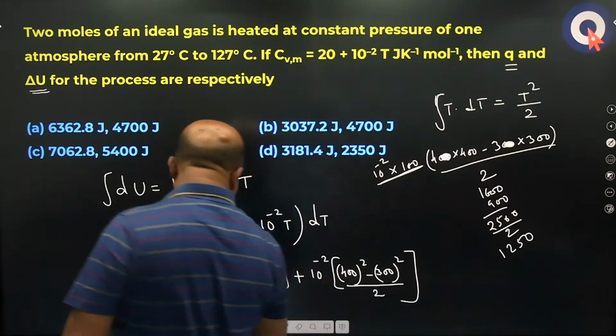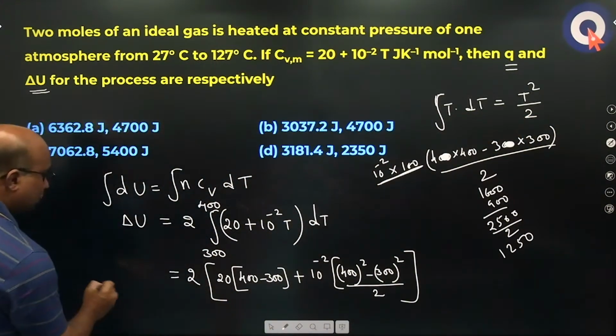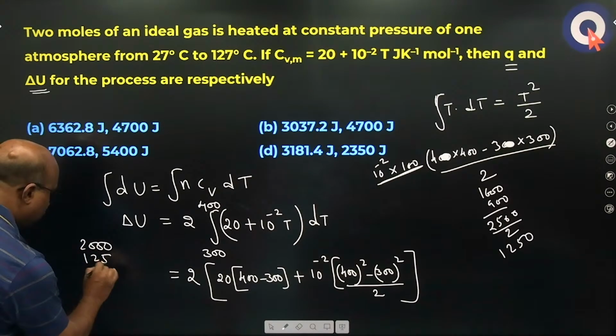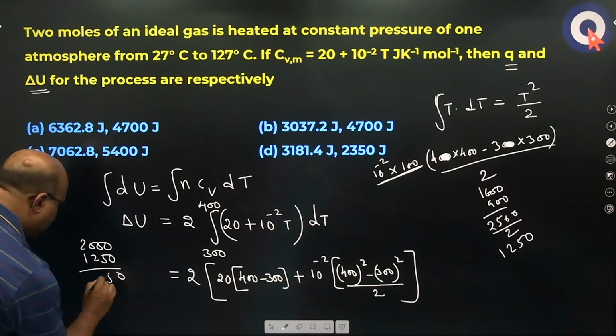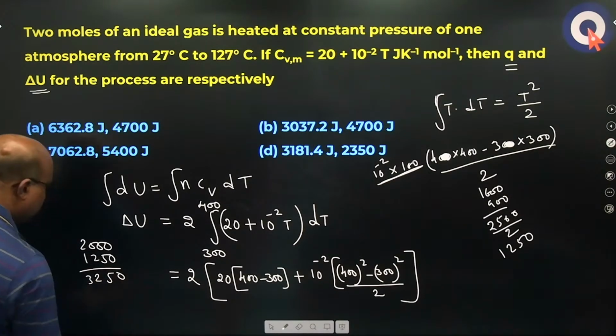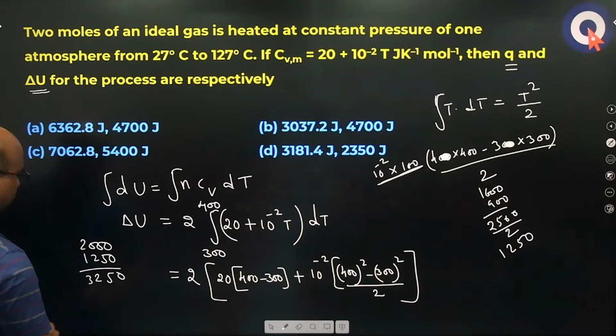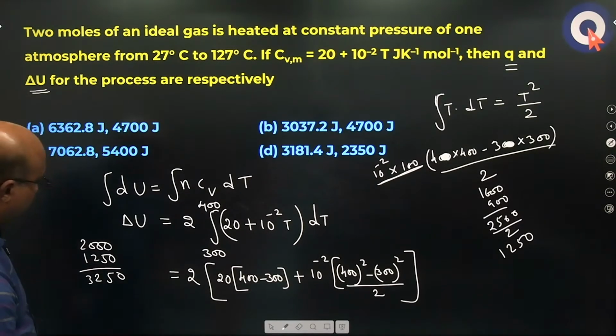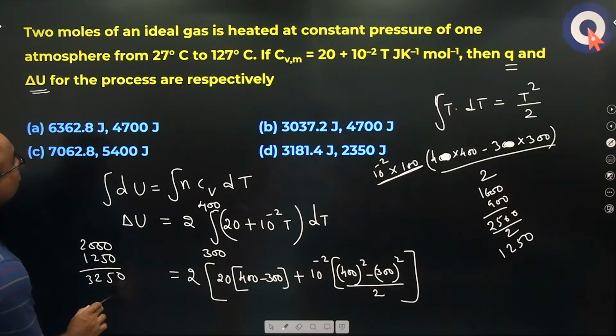This is nothing but now 2000 into 2. So 2000, 1250, then multiple of 2, clear? So you can make it this value.